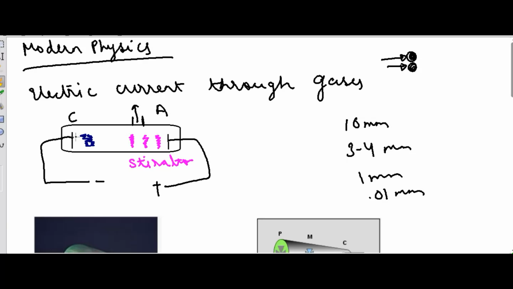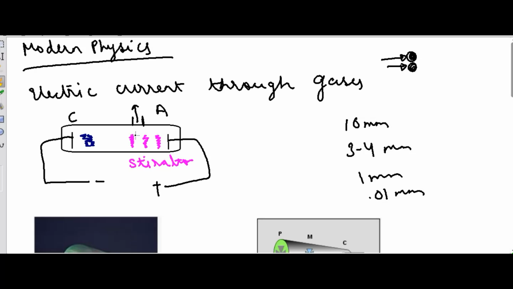Here electrons gain energy relatively more quickly and are able to ionize the ions sooner. But there the electric field is weaker, so they need to travel a larger distance to gain that energy, and that is the reason the Faraday's dark space is larger than the Crookes dark space.